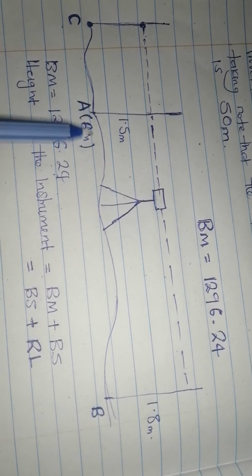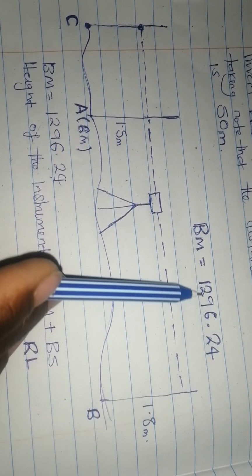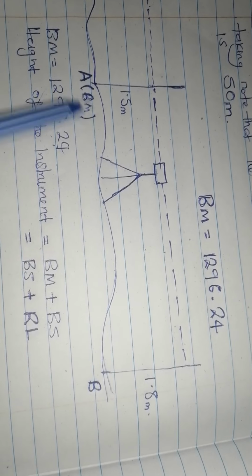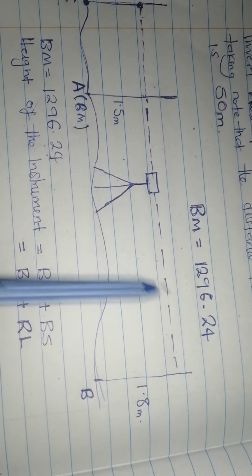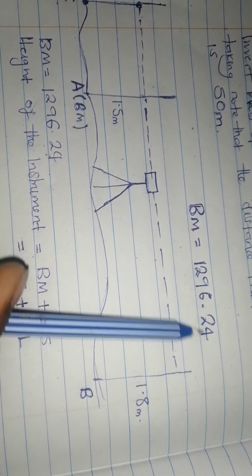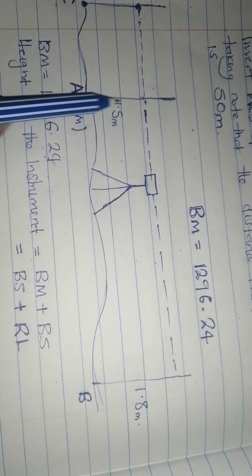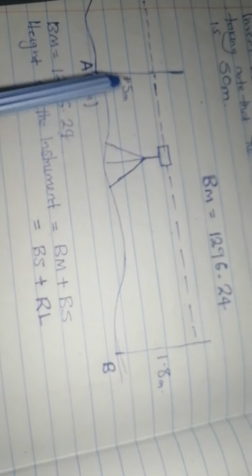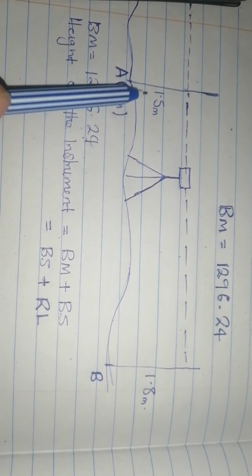So at your BM, which is your reduced level at that particular point, which is the known point, you have 1296.24. Then the staff reads 1.5. For you to find the height of the instrument, you add the benchmark plus the reading of the staff, which is 1.5.